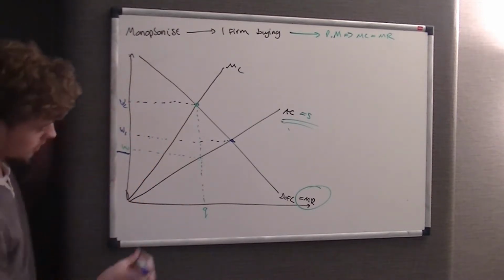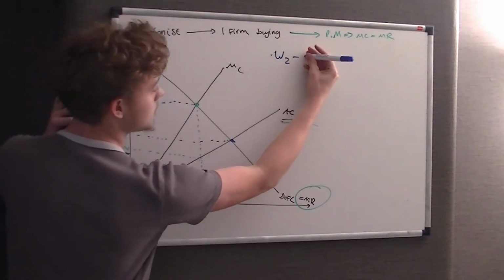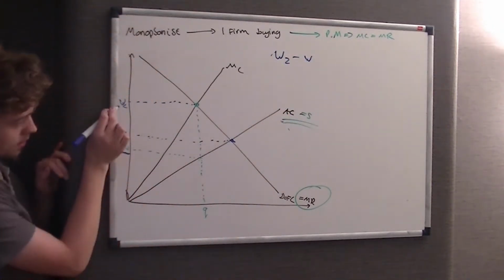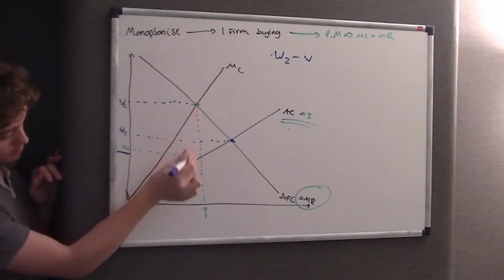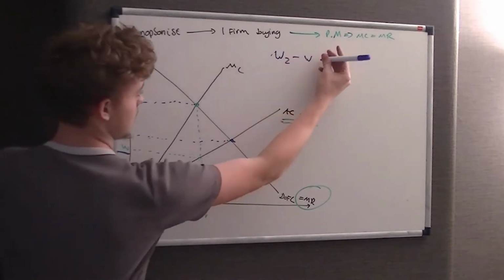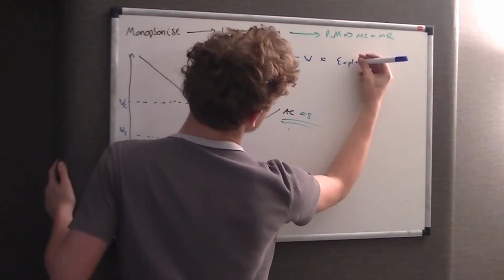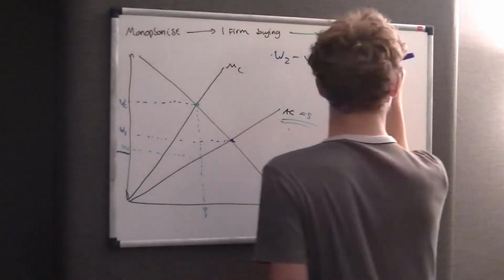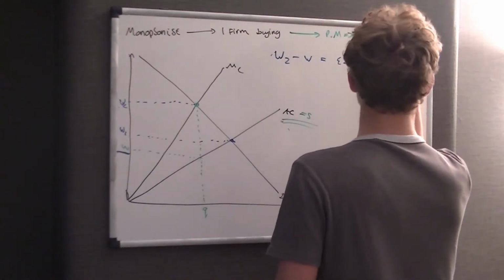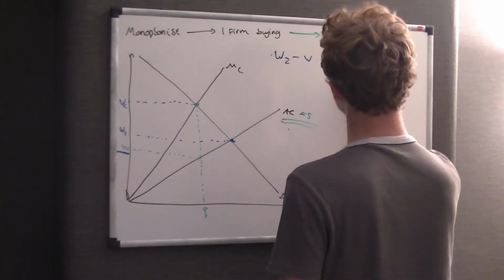So the distance between W2 minus W, this price level minus this one, thinking of the wage rate, remember, is equal to the exploitation of the worker.